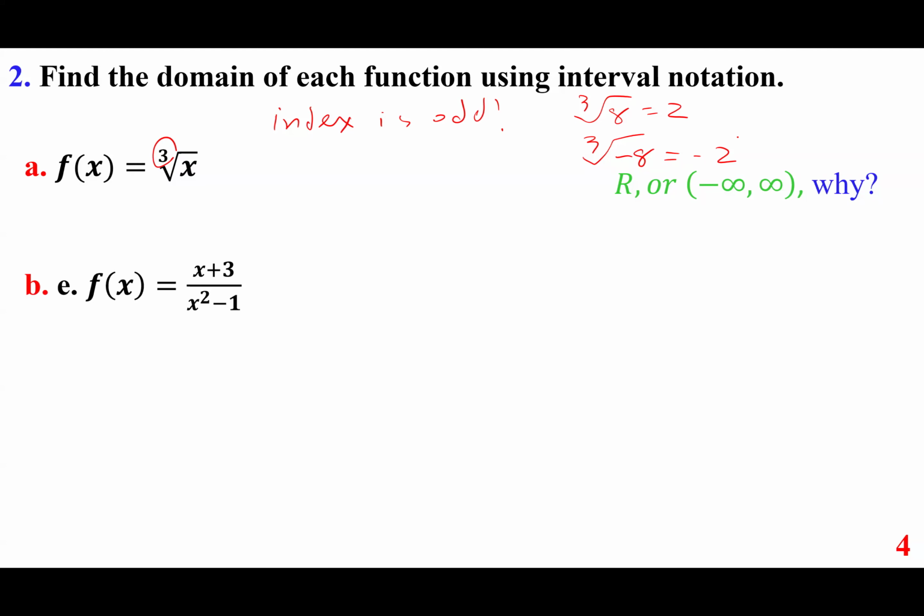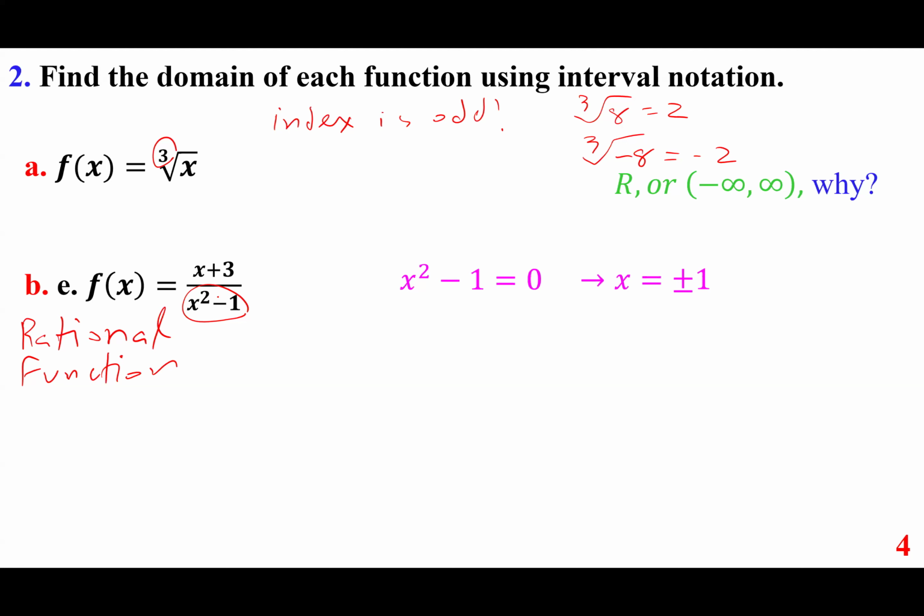What about this one? Rational function. Let me just write the name, rational. You set the denominator equal to 0 and exclude that. x squared minus 1 is 0. x squared equals 1. x is plus or minus 1.